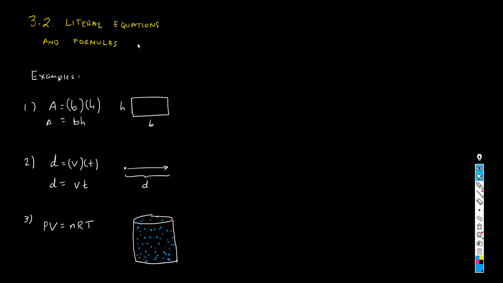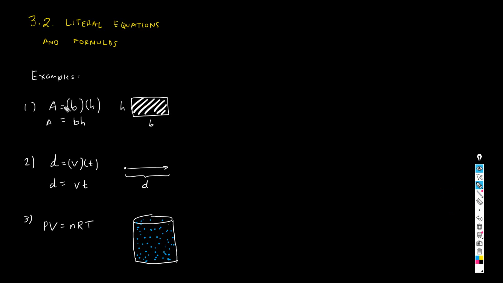So what is a literal equation, more or less? It's something like this. Okay, it's an equation. First of all, we have in here three equations: A equals b times h, and what I'm trying to represent in this equation is the relationship between the area of a rectangle, in terms of its base and its height.